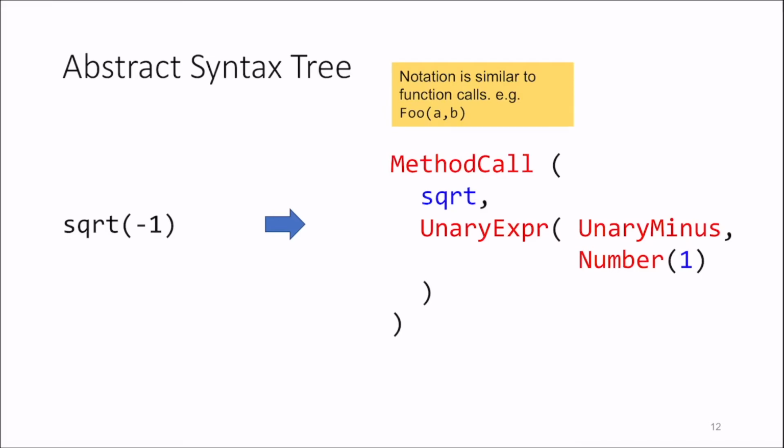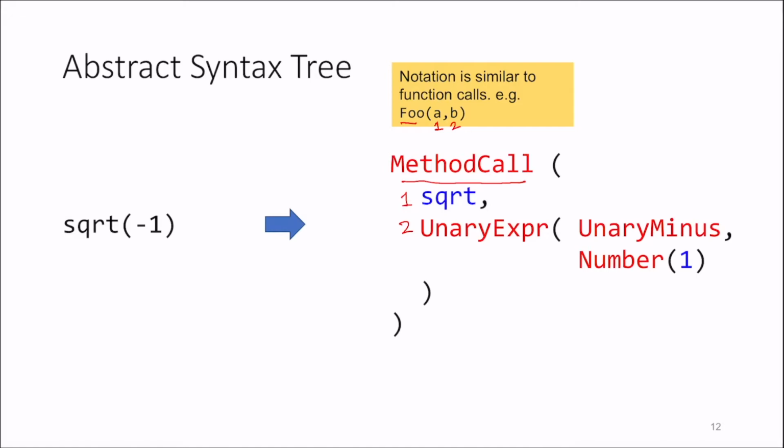Now, this notation that you can see here is similar to the notation that we use for function calls, right? If you have a function like foo, it takes two arguments, argument 1 and argument 2. This is very similar to saying that I have a function which is a method call. Its first argument is the identifier or the function name that I want to call, and then the second argument is what I'm passing as the value that I want to take a square root of, right?